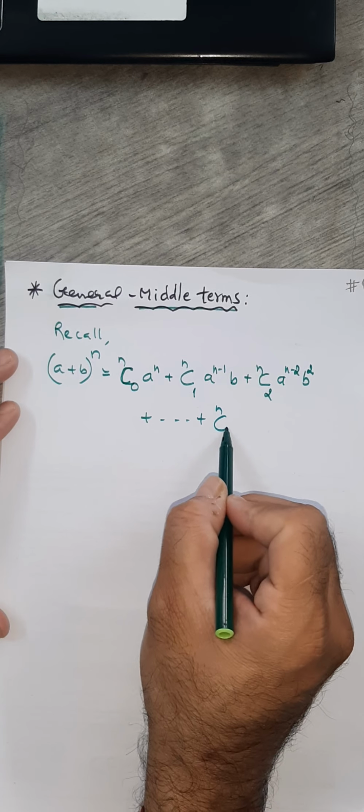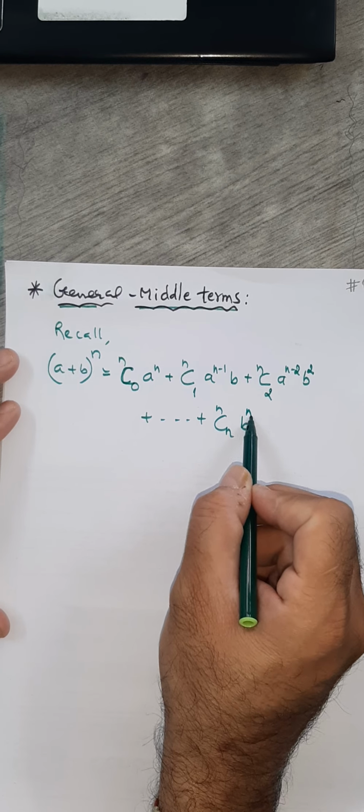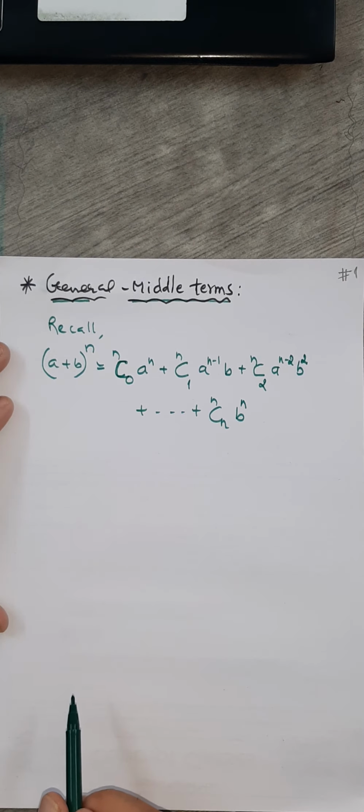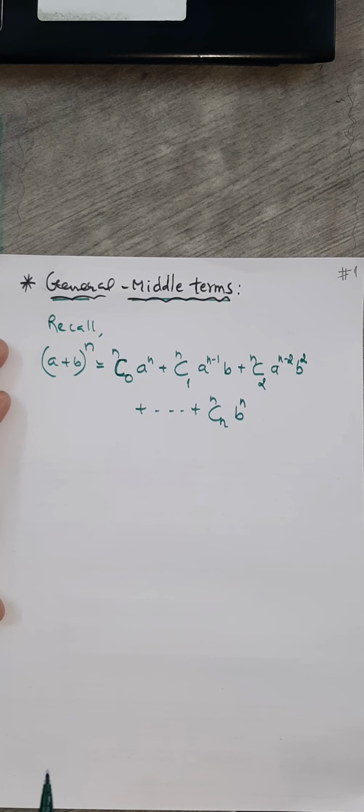What about the last one? nCn into b raised to n. This we know, this is the expansion of a binomial expression. We know it very well, we have used it a number of times.